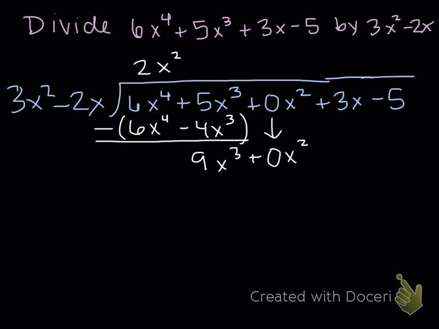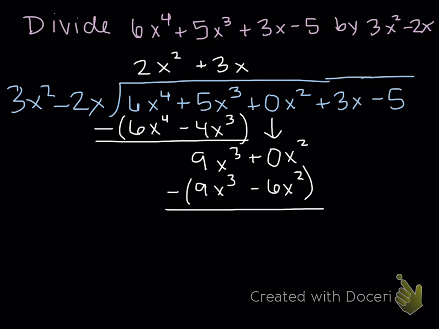So the next one will be plus 3x. So I'll get a 9x cubed minus 6x squared. And I'm subtracting this entire quantity. So 0 minus a negative 6 will become a positive 6x squared.